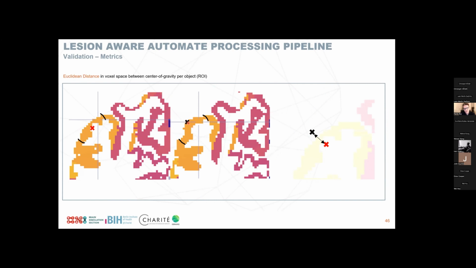So the center of gravity might actually be somewhere more up to the top left here, and then we can compute the Euclidean distance in voxel space between these two points. That gives us an idea of how close to each other the centers of mass of these regions actually are, whether or not they are distorted, as we've seen in the slides before, where we have these regions all of a sudden in the subcortical area, so they are moved.